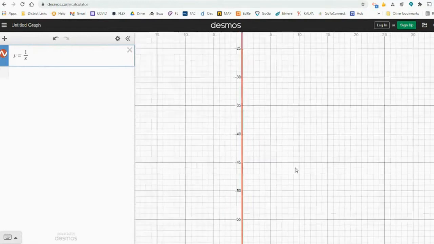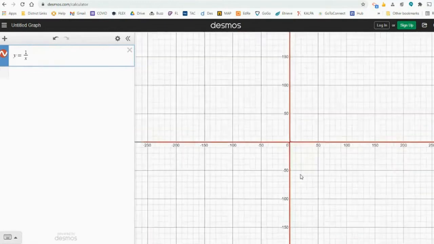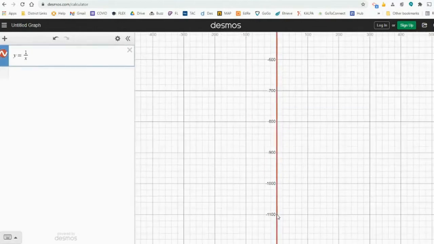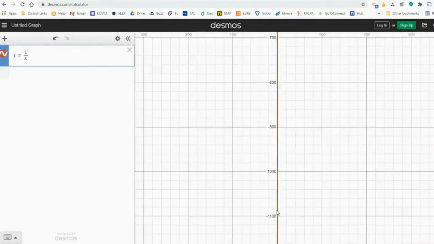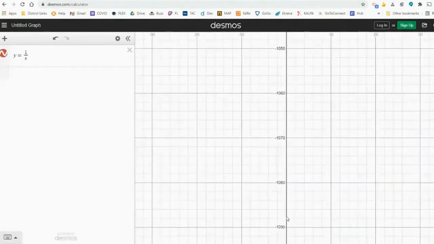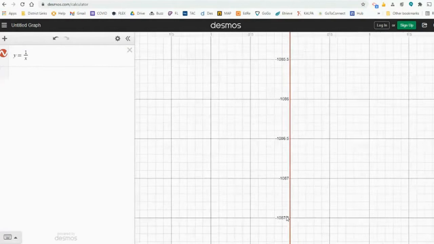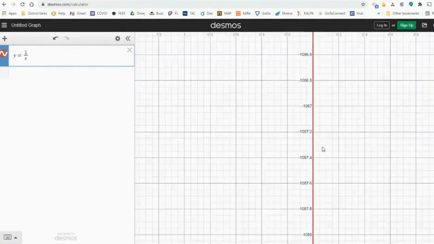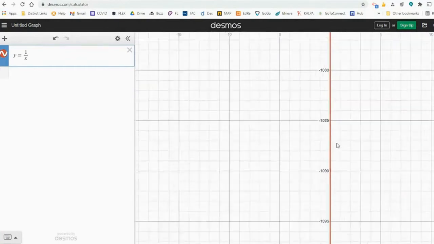And you can scroll out as far as you want to, and it will continue to get closer and closer. This graph exists down here, but it goes towards negative infinity.